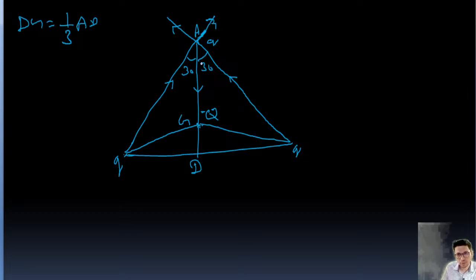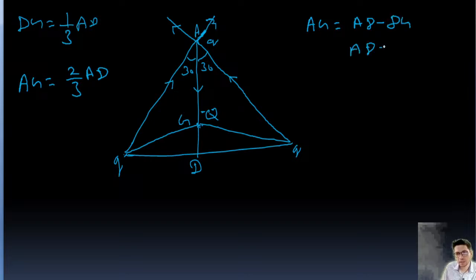And similarly AG is going to be 2/3 of AD, right? Like simply we can find out this 2/3 AD. How? AG equals AD minus DG.